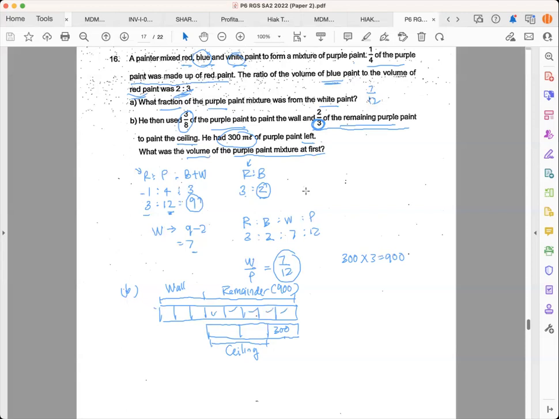So 900 divided by 5, I get 180. So one of these is 180. 180 multiplied by 8, I get the total volume of the purple paint. So the answer is 1440 ml.